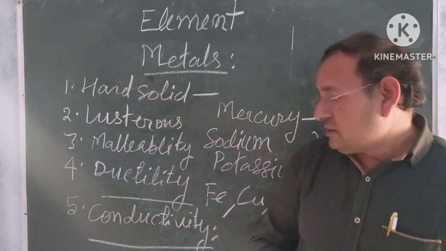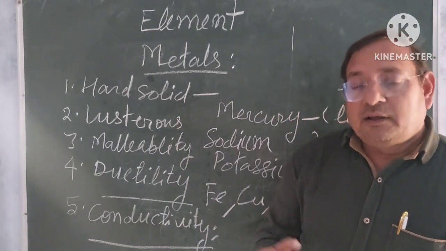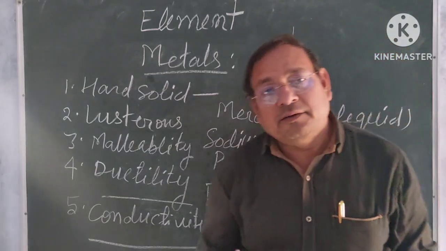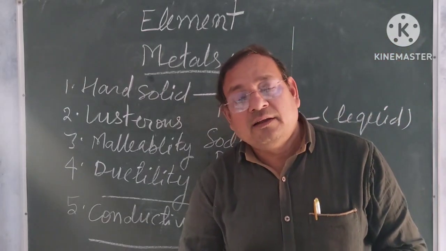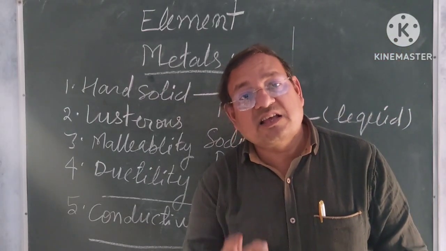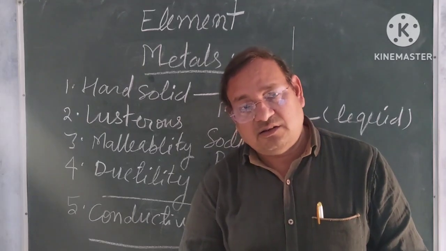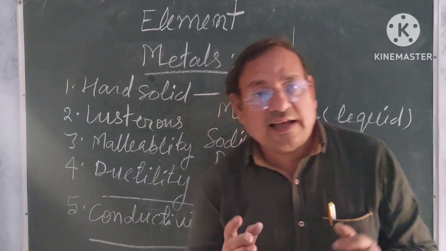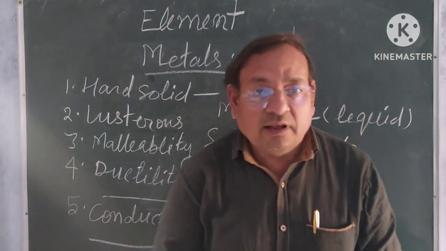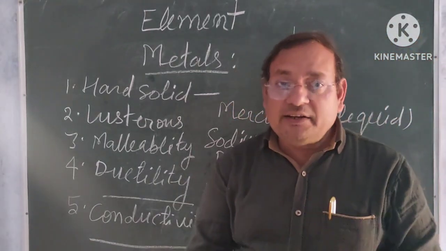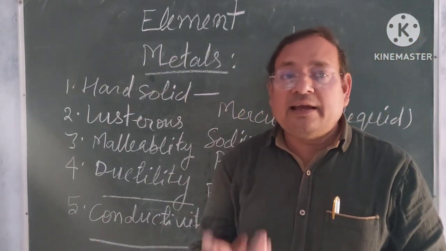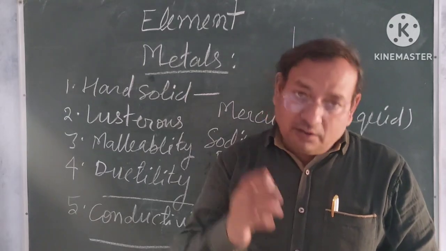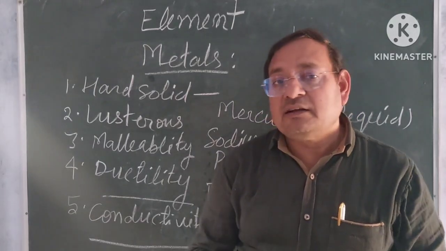My dear students, now I am going to tell you another important property that is known as tensile strength. Tensile strength is a property by virtue of which a metal can withstand a lot of weight. Understand?